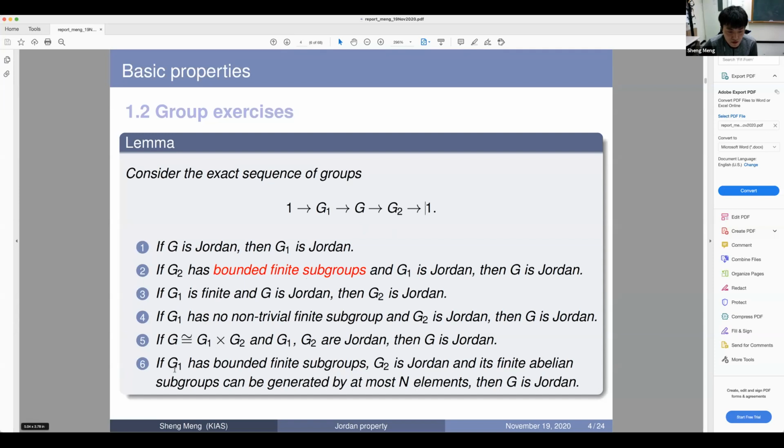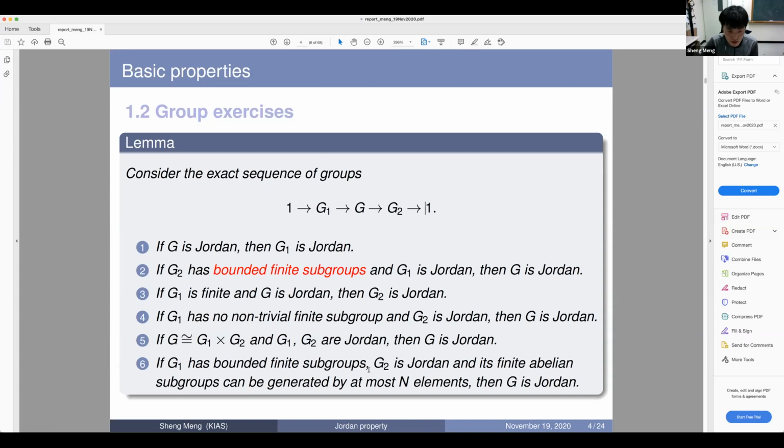And the 6th is still fundamental, but the proof may take several lines. It says that G1 has bounded finite subgroups, G2 is Jordan, and all finite abelian subgroups of G2 can be generated by at most m elements. Then the middle one is still Jordan. We will only use the first and second, and maybe first, second, and fourth, throughout this talk.